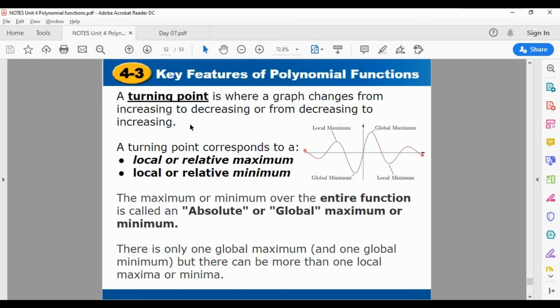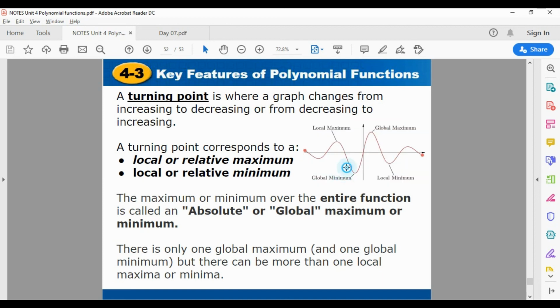So these turning points create local or relative maximums and minimums. You're looking at it as if you're narrowing your window. Right here, that's a local maximum. It doesn't mean that it's the absolute highest point of the graph, but it's the highest point of the graph at this location. It's a turning point.